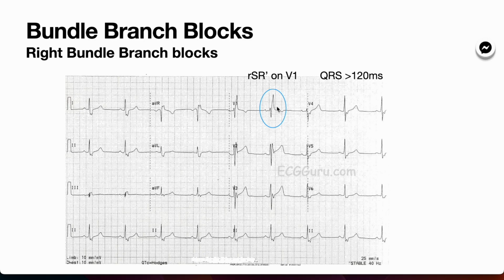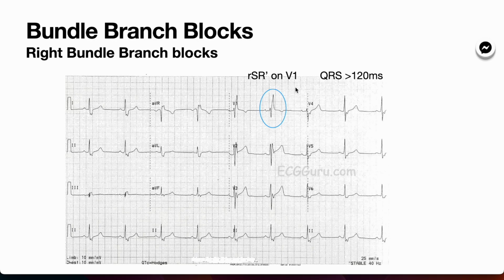When you put an ECG lead on V1, it really focuses on the right side of the heart. So you can see here that the right ventricle beat is delayed as compared to the left. So you can see a small r, an S, and a big R prime.